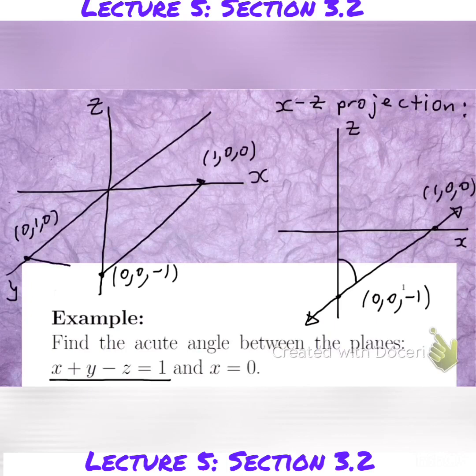And if you look at the YX projection by making Z 0, we've got the line y equals 1 minus x, so we've got this straight line here.